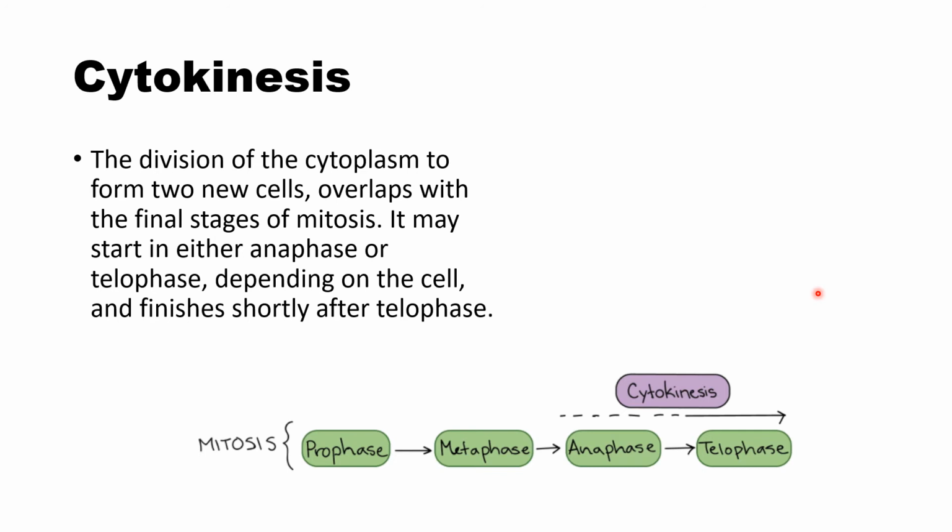Nagbuo rin siya ng dalawang nucleolus. And then, meron rin nabuo na cell membrane, nuclear membrane. So, with that, dapat may cytokinesis na magaganap para ma-divide na yung dalawang new cell, para ma-divide na ng tuluyan.